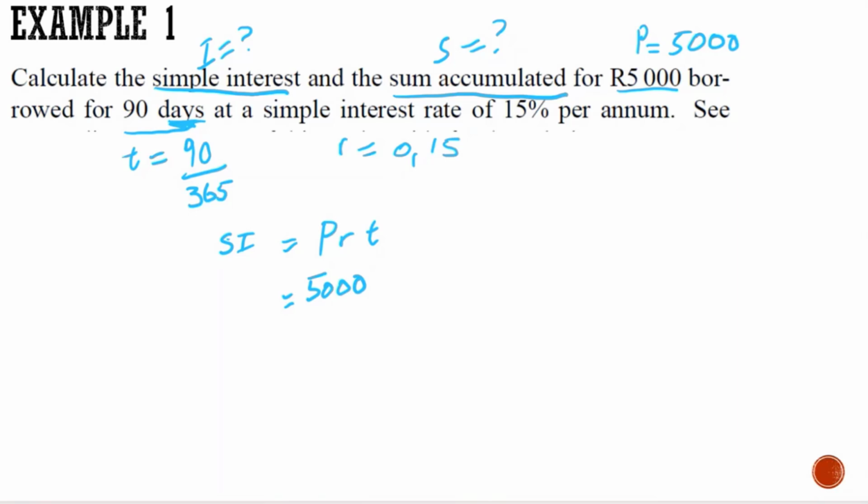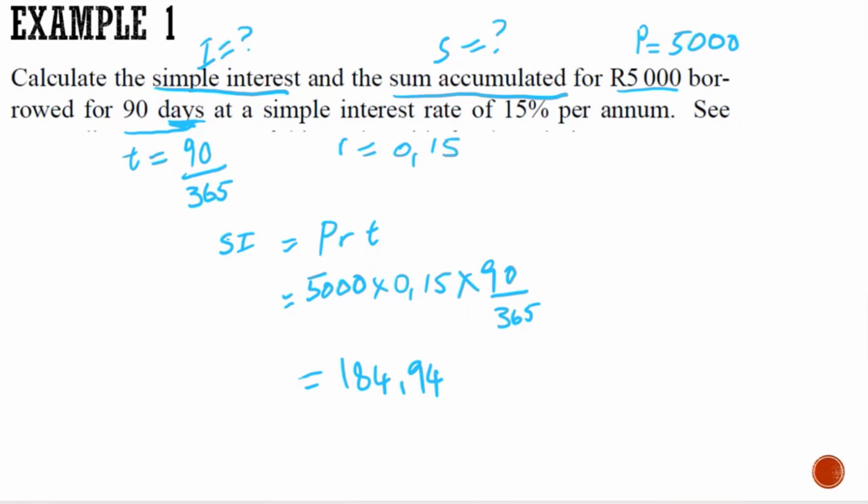Our R is given as 0,15 and our T is 90 over 365. Once you've got all of your variables in order, you just plug in everything into your calculator, and your answer is going to be 184,93. That is your simple interest.